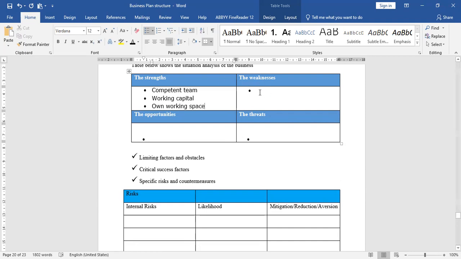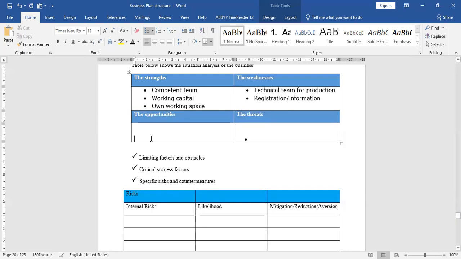Weaknesses can be maybe the technical team for production, or maybe organizational, or maybe registration, if you need it, or you can say informal. That could be internal because it's within.